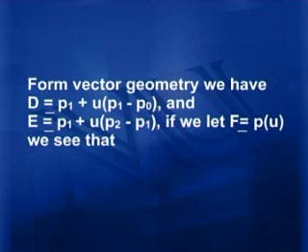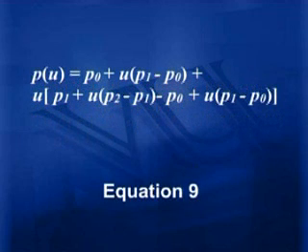Now if we let f be p of u, we can write p of u equals p0 plus u times (p1 minus p0) plus u times [p1 plus u times (p2 minus p1) minus (p0 plus u times (p1 minus p0))]. Having replaced the values, A, B, and C are now replaced with the p0, p1, and p2 vectors, and we now have an equation in terms of p of u. Let's mark this equation as equation number 9.